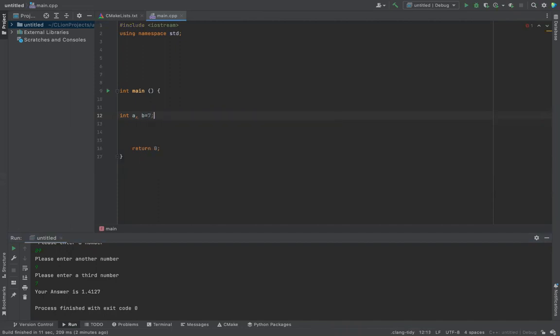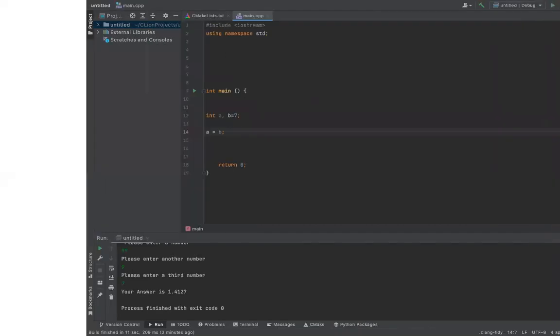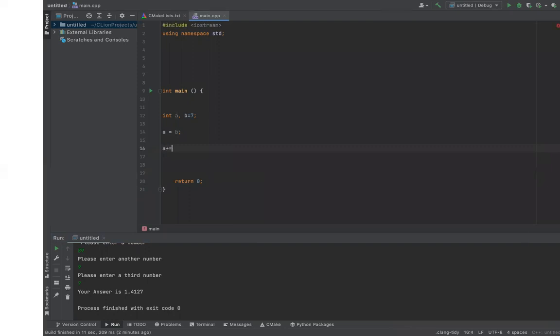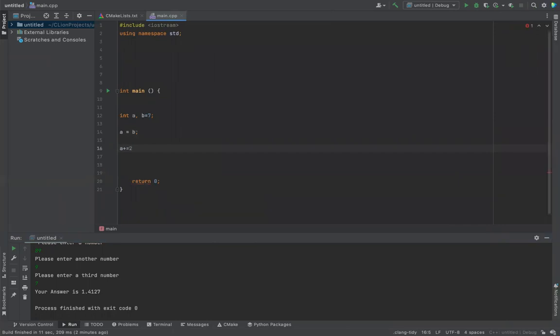I'm assigning b to 7. We all know this. Then I'll say a is equal to b. Then I'll close it. Then I'll say a plus equals 2. Then I'll close it. Then I'll cout my results.